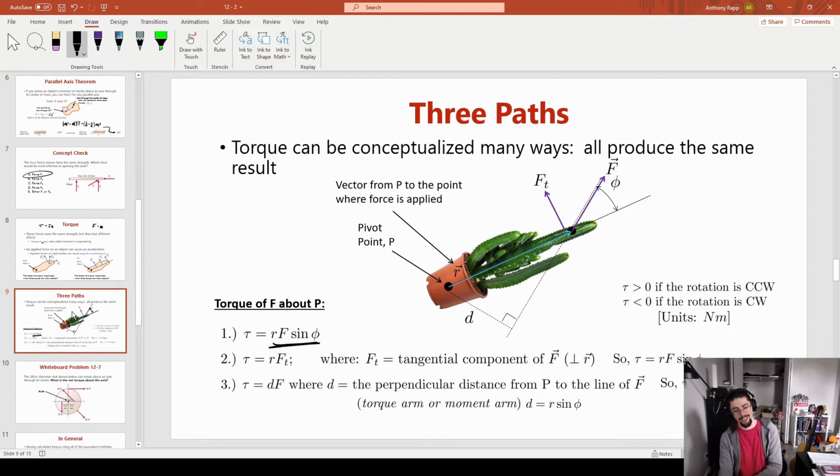We talked about it last time. Cross products indeed. Technically speaking, calculating torque comes from a cross product. Torque is a vector. I'm not going to talk about it as a vector quite yet. We'll get into that in a minute. But we can talk about this first by describing this in three different ways.